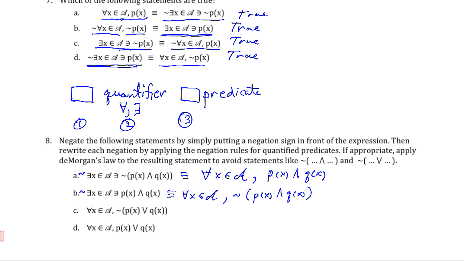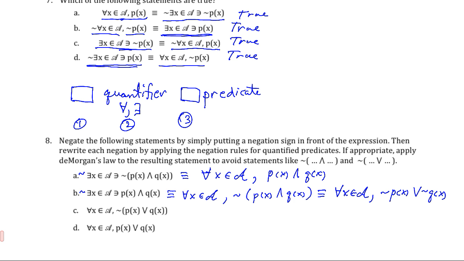And I can rewrite that as for all x in A, either not P of x or not Q of x. And here I applied De Morgan's law. I negated the outside, I negated both things on the inside, and I changed the and into an or. Okay?